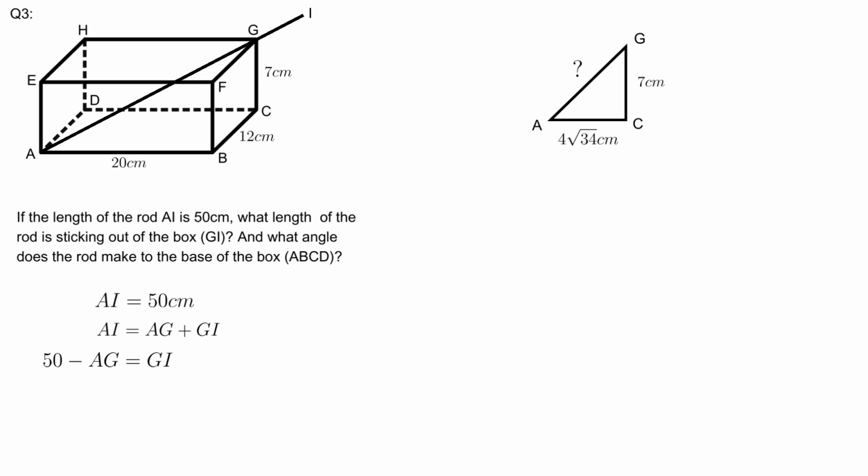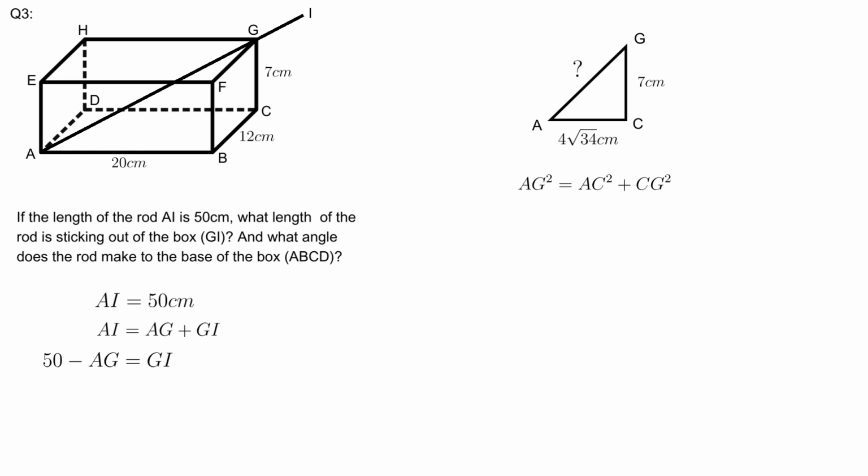Because it is a right angle triangle and we have 2 side lengths, AC and CG, we can use Pythagoras to calculate the hypotenuse AG. The Pythagorean theorem states that AG squared is equal to the sum of AC squared and CG squared.